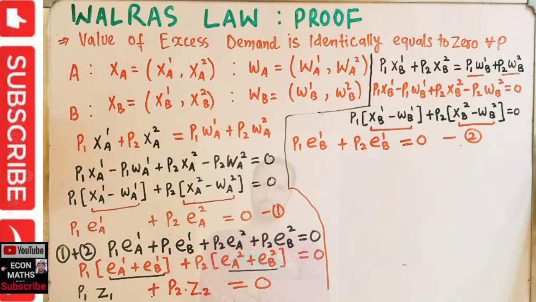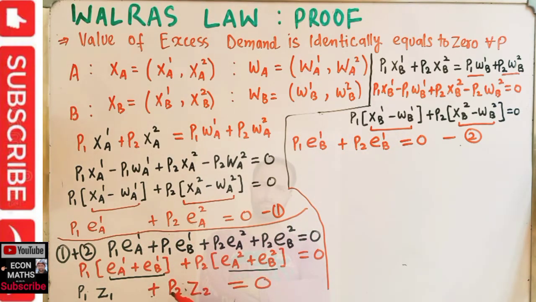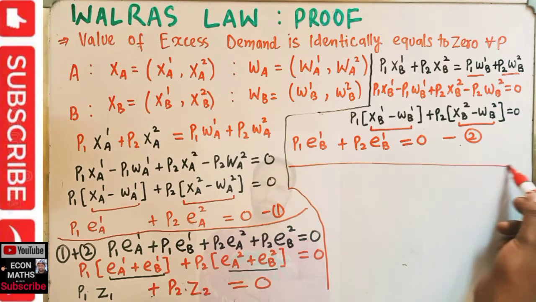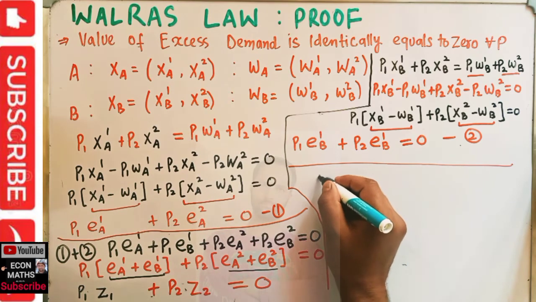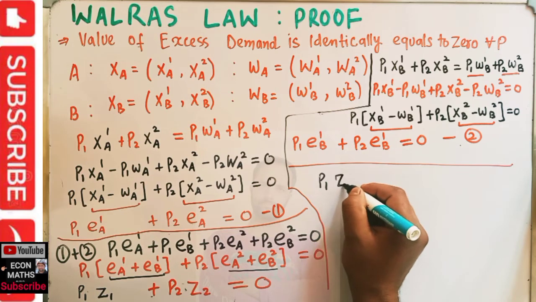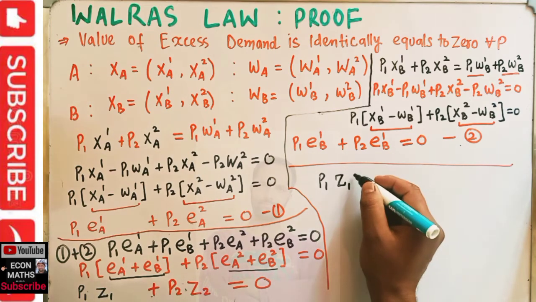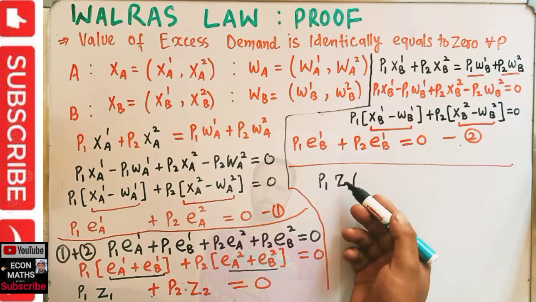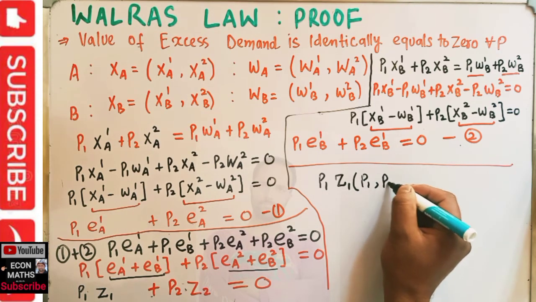So first we have this stuff, then we have this stuff. Now I can write it like this, P1 Z1, and Z1, aggregate excess demand of good 1 by person A and B, will obviously be a function of P1 and P2.